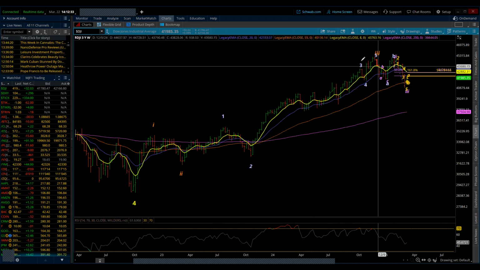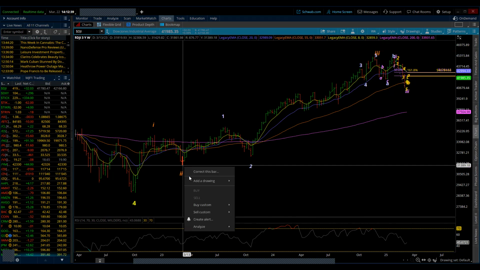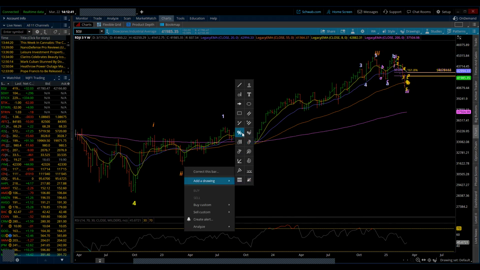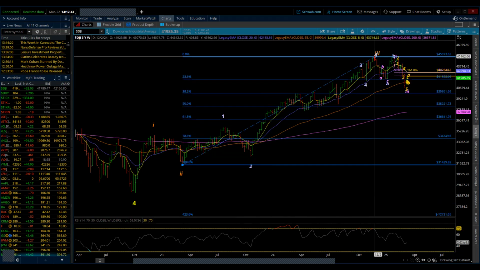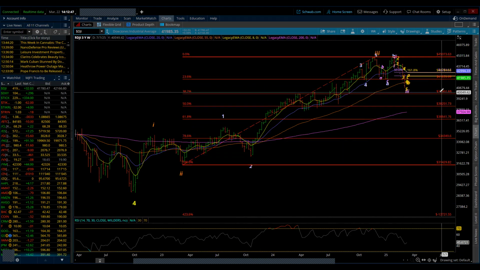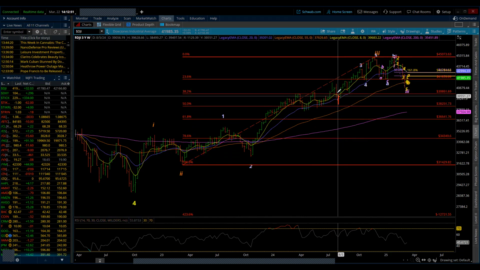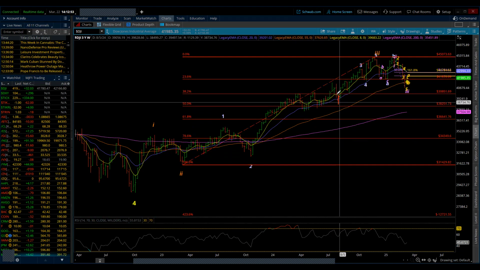So if I'm looking for minor 4, the first thing I can do is put up some straight Fibonacci retracements. 382 is 39,861. 50 brings us into this, right? 382 brings us into this.